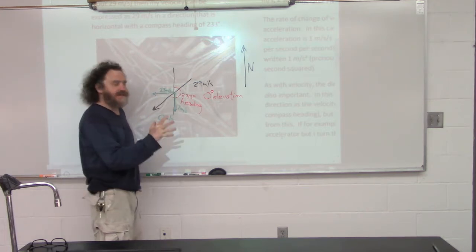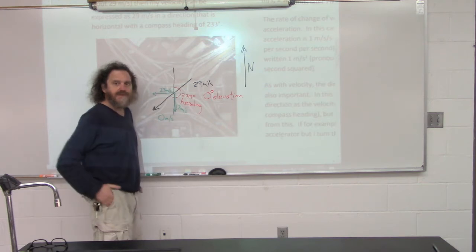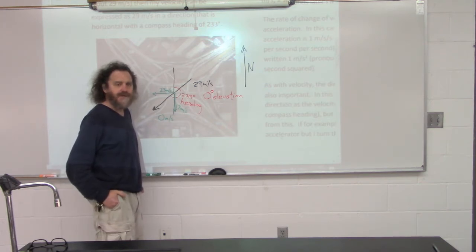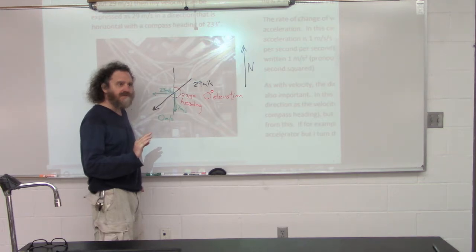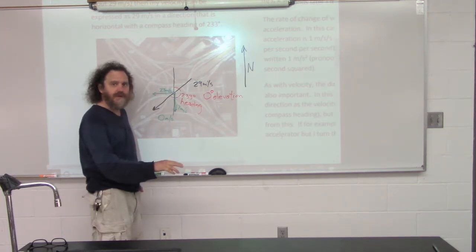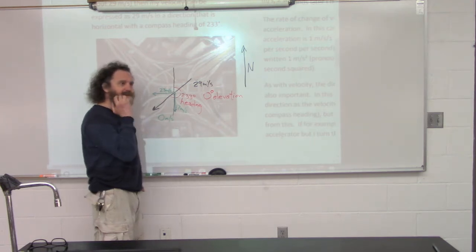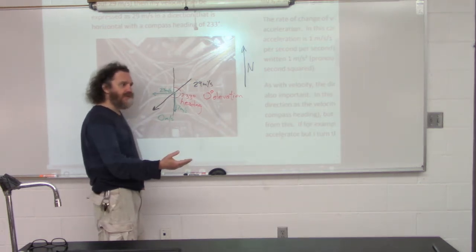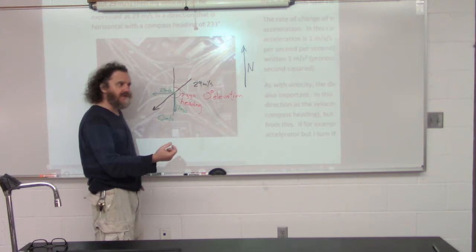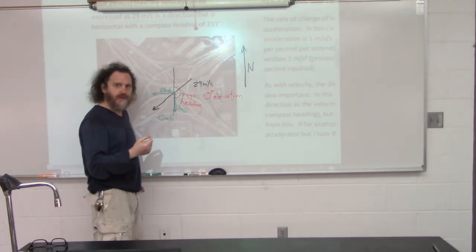If your velocity is constant, then these 3 numbers will stay the same, right? But if it isn't constant, let's say you're traveling through Spaghetti Junction, and right when you get to the center of Spaghetti Junction, you tromp on the accelerator pedal so that you begin to speed up. And let's say that you press the pedal hard enough so that you're picking up 1 meter per second every second that you move forward.